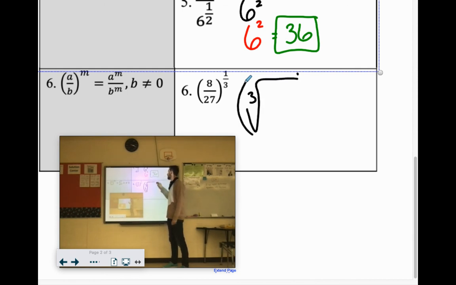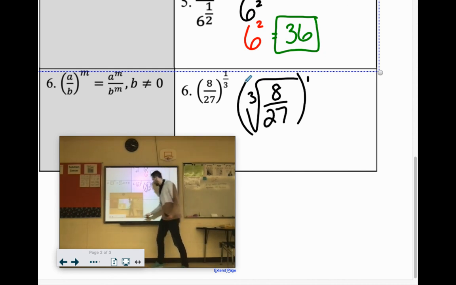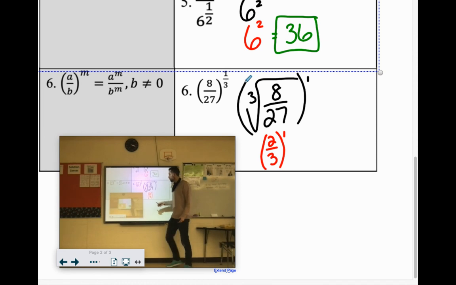The numerator, or 1 in this case, would go here. So we're taking the cube root of this fraction. Now, luckily, both of those are perfect cubes. The cube root of 8 is 2. The cube root of 27 is 3. And 2/3 to the first power is just 2/3.